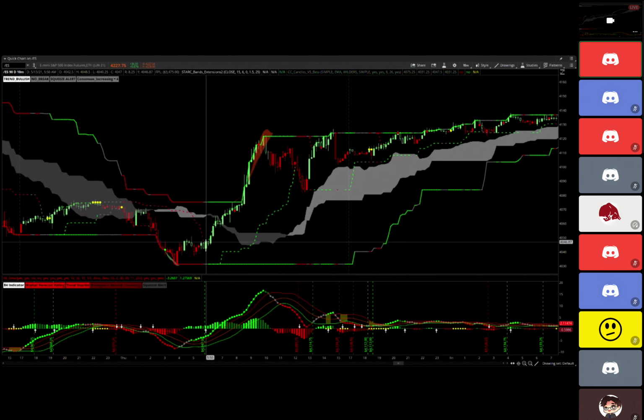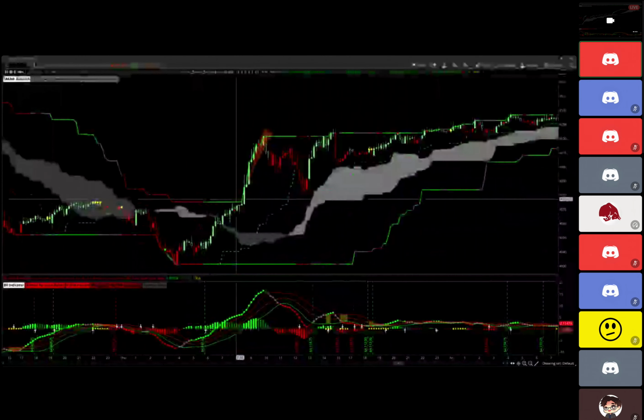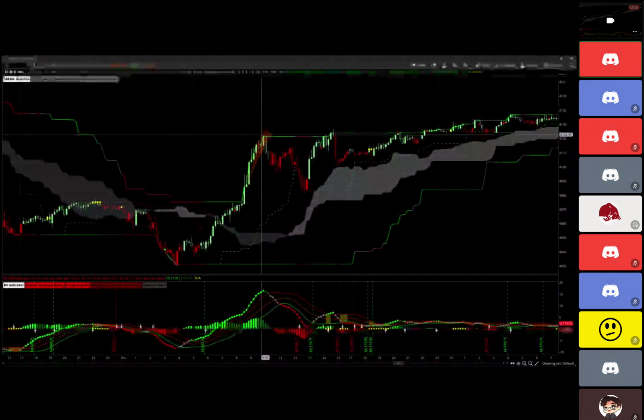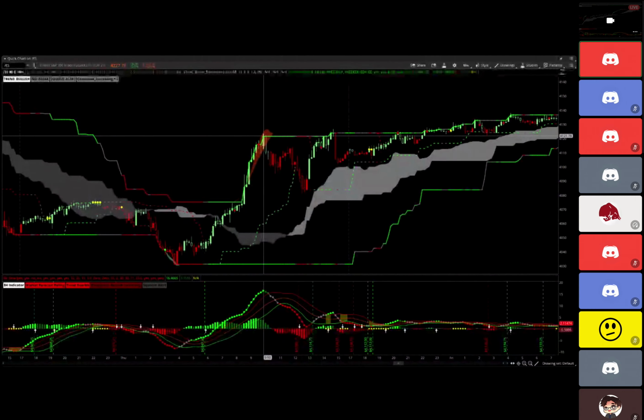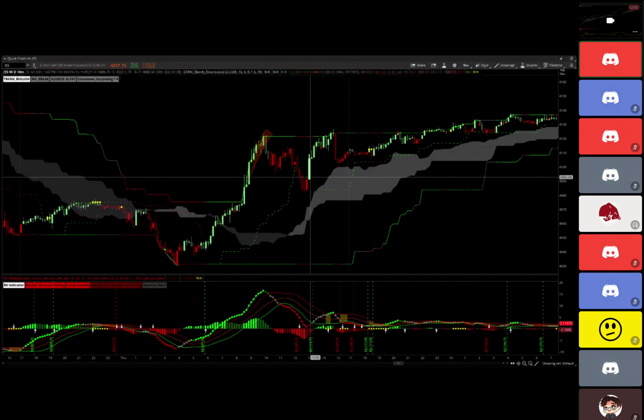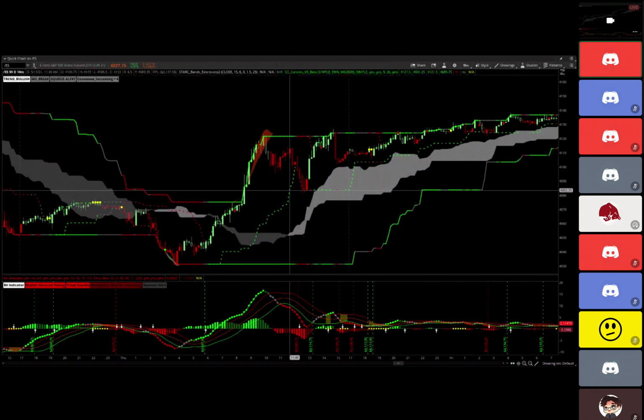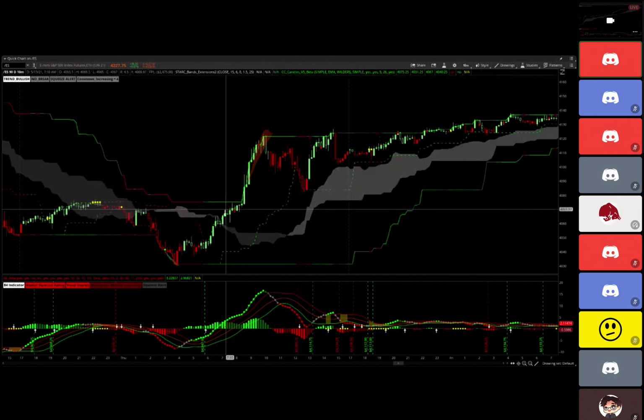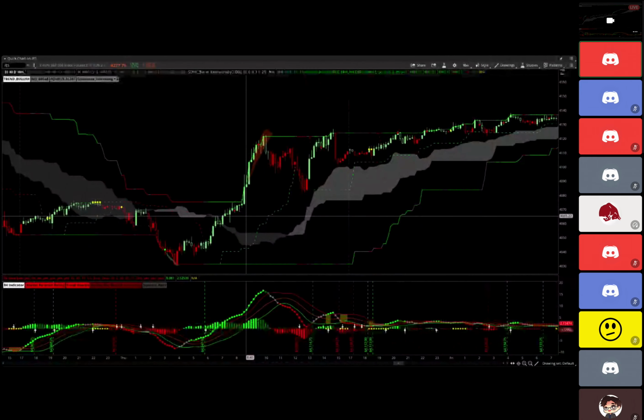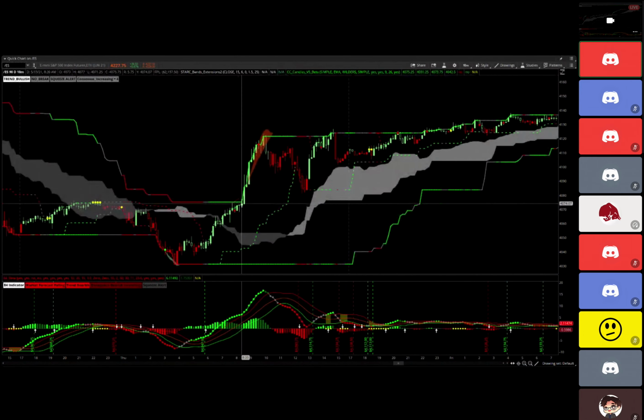But I'll tell you, the person that grabbed it somewhere in here and then rode it all the way up to here, 9 times out of 10 will be the same person that rides it all the way down into the dirt right here and then exits their position, which isn't much better than you would have been exiting down here. So the difference between them and you is that you could go find another trade in the interim that was also profitable and just continue.